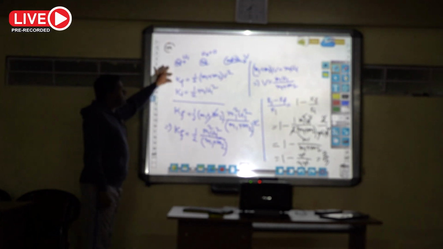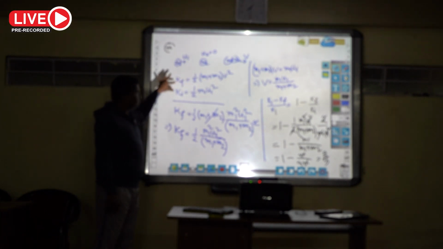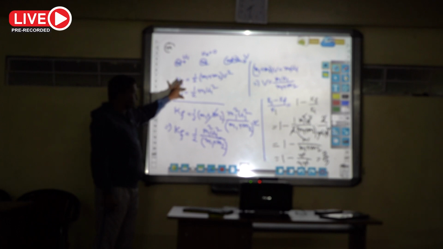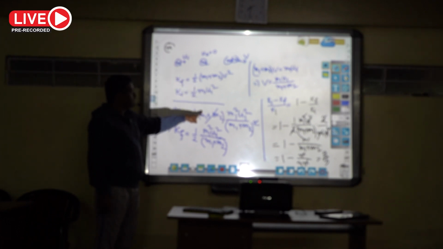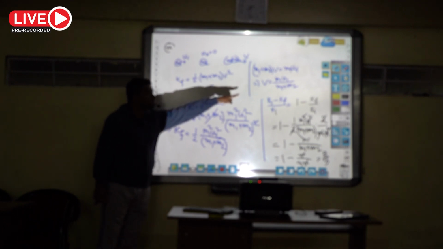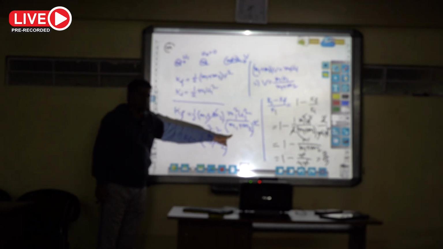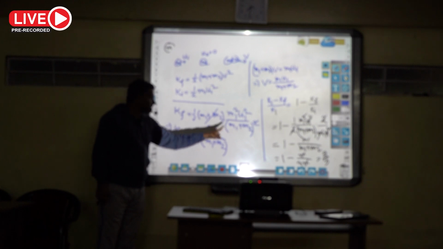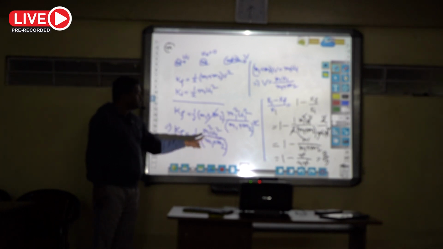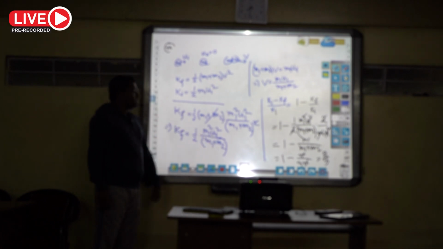Now final kinetic energy will be this one, initial kinetic energy will be this one. Then we can calculate Kf equal to this. Now the value of v is substituted from that equation. One m1 plus m2 cancels, it will be m1 square u1 square by 2 into m1 plus m2.